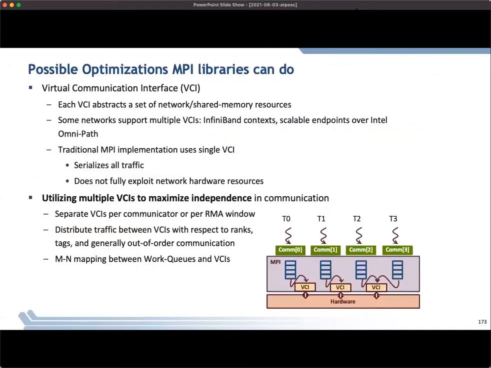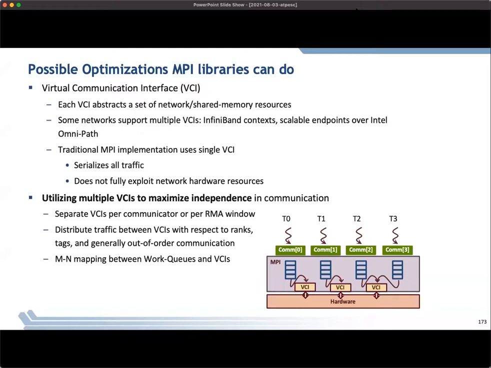So once the user uses these techniques to expose the threading parallelism, the MPI library will be able to optimize.